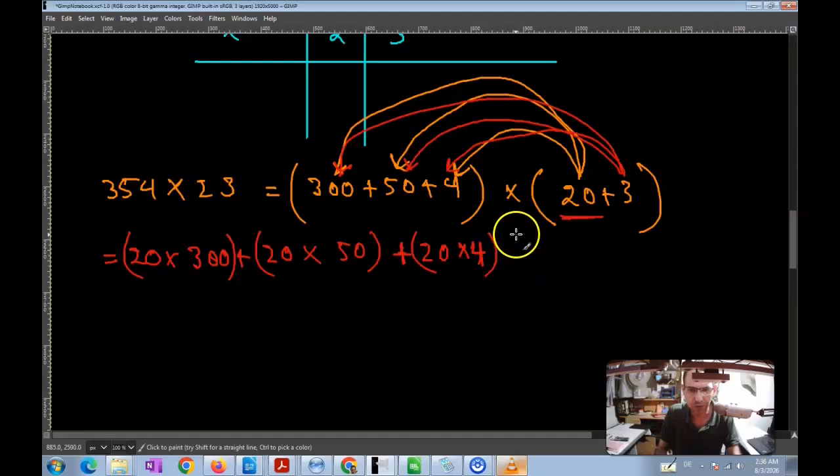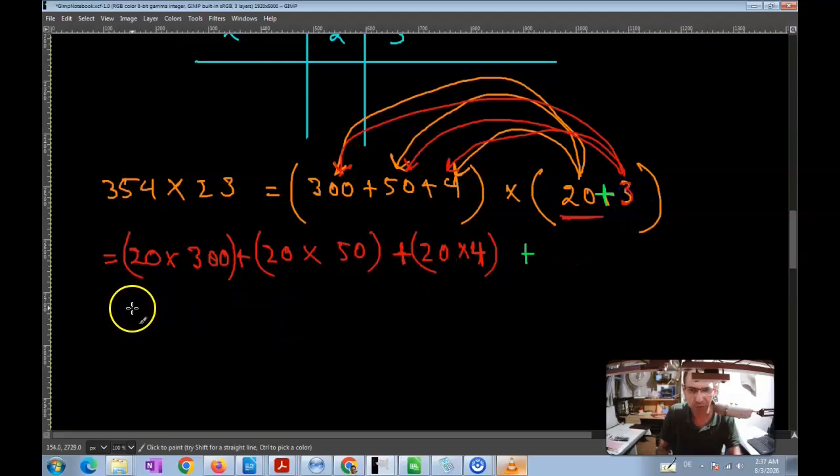And then you add this to the 3. Let me write the 3 with this color.